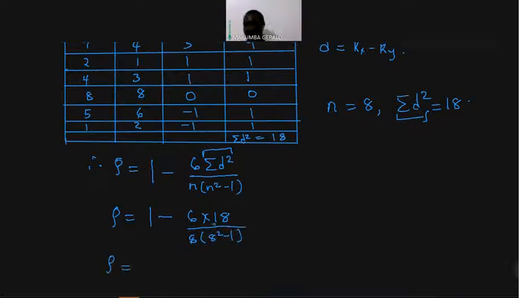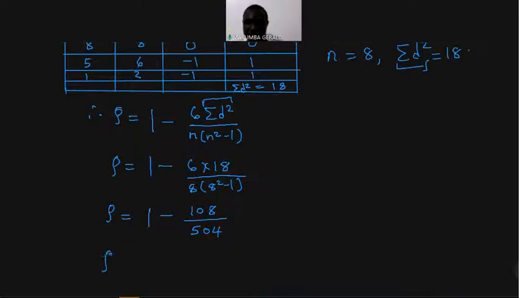When you get your calculator, this is 1 minus 108 divided by, when you square and multiply here, you get 504. So when you divide and subtract there, rho is going to be equal to, in my calculator, 0.7857.